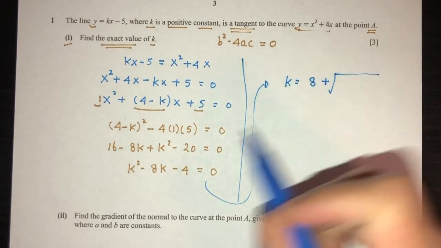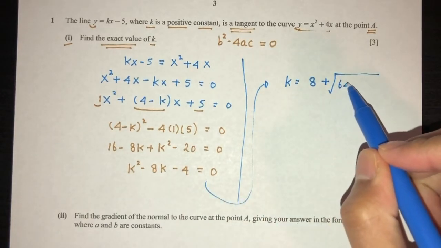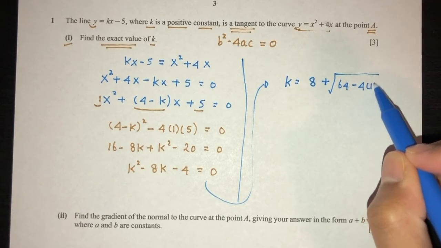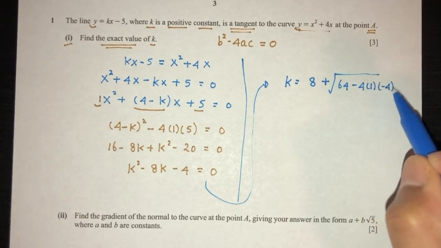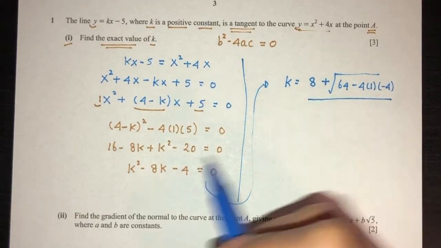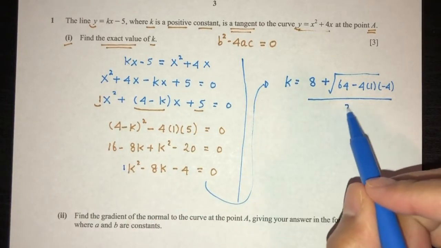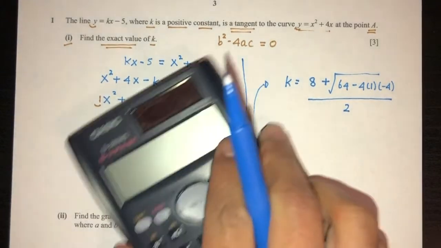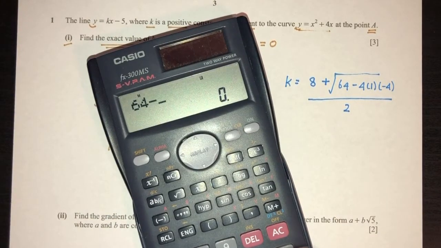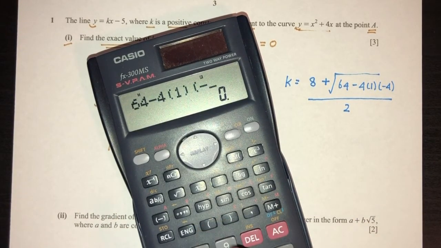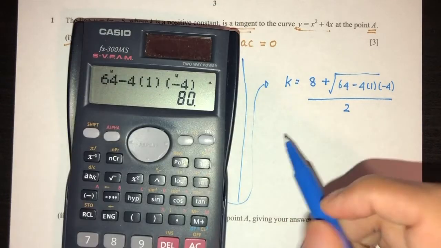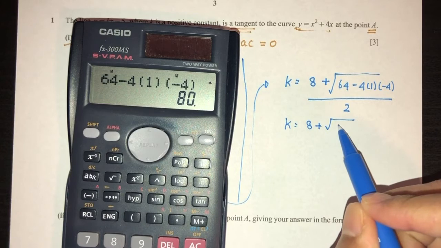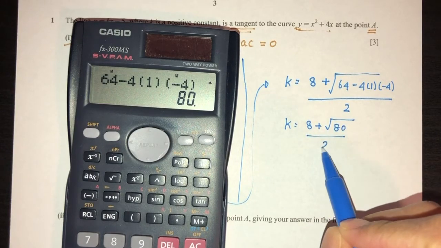So b squared, that will be 64, minus 4 times a, which is 1, and times c, which is minus 4, over 2 times 1, which is 2. Now we have to find the value in the square root. So 64 minus 4 times 1 times minus 4, that should be 80. So k will be 8 plus root of 80 divided by 2.